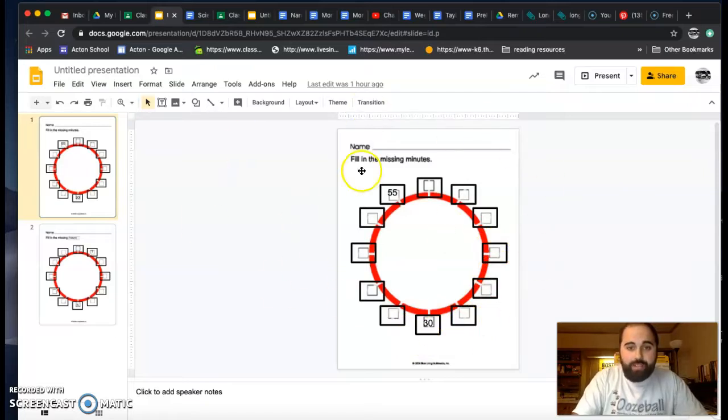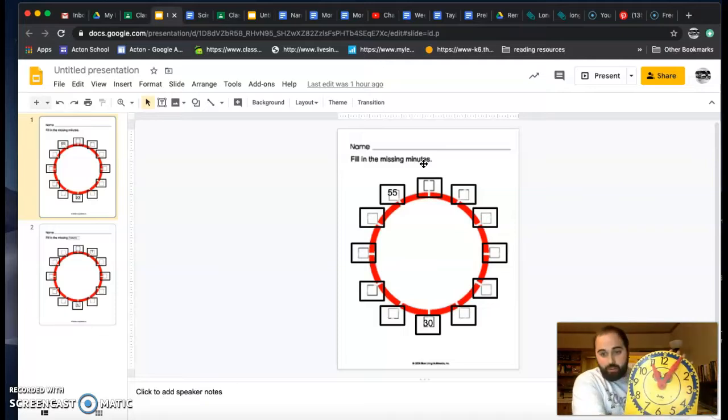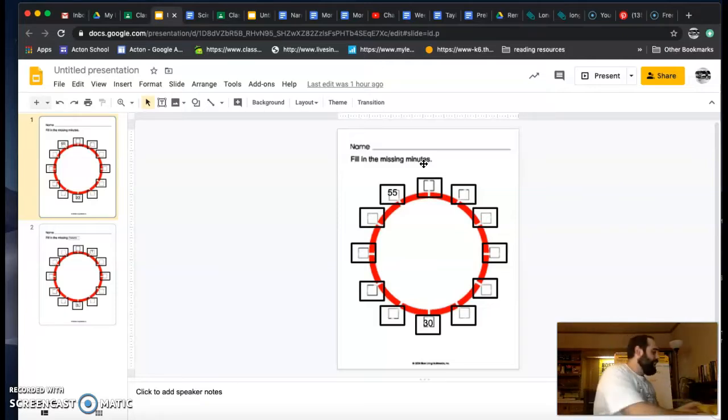So this one right here, we're filling in the missing minutes. So you have one of these as well at home, a smaller version. And you can also come back to this video if you're a little confused. So I put in 30 minutes and 55 minutes. All right, think about how many minutes would be at this first tick mark right here.